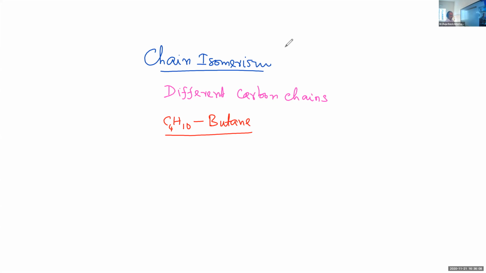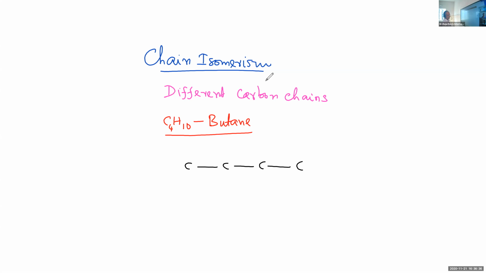So for the time being, you just leave the hydrogen atoms. You draw the possible skeletons using 4 carbon atoms. So one possible skeleton is a straight chain of 4 carbon atoms.